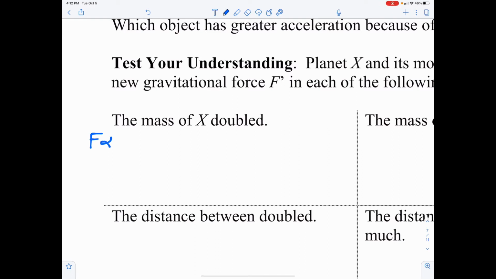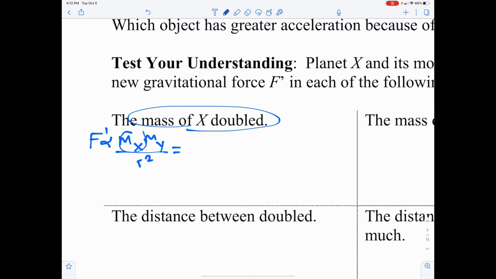So F prime, that's what we're looking for, our new gravitational force, is proportional to mx times my all over r squared. Now, mx has doubled.